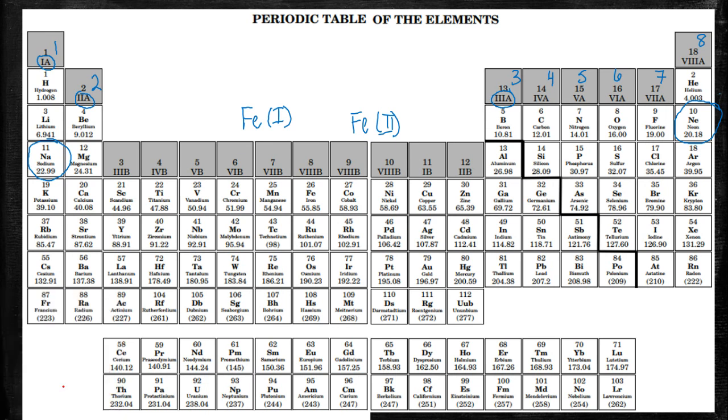Oh, hallelujah, we get a different color here. So if these all have 1, we learned in the last one that metals lose and nonmetals will gain. So if metals lose, if these lose 1, they become +1. If this loses 2, then these will be +2s.